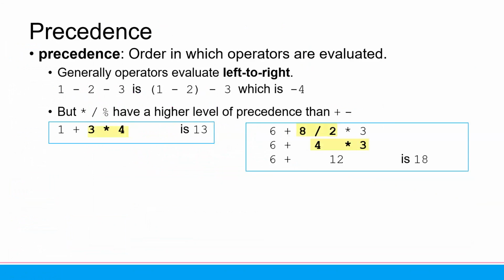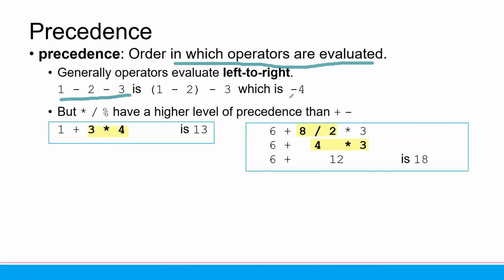In Java or in any programming language, we have precedence. What is precedence? It is about the order in which operators are evaluated. Here we have 1 minus 2 minus 3. What is the result?